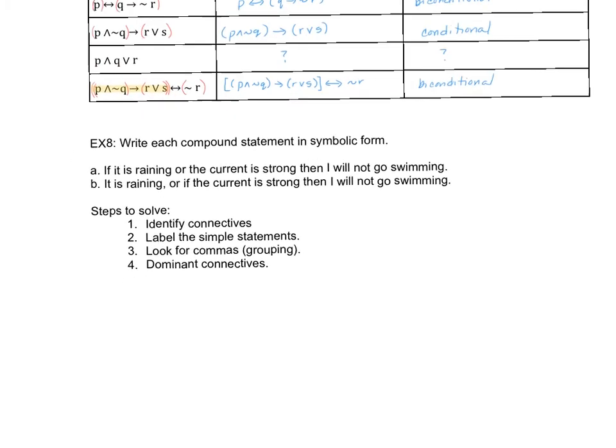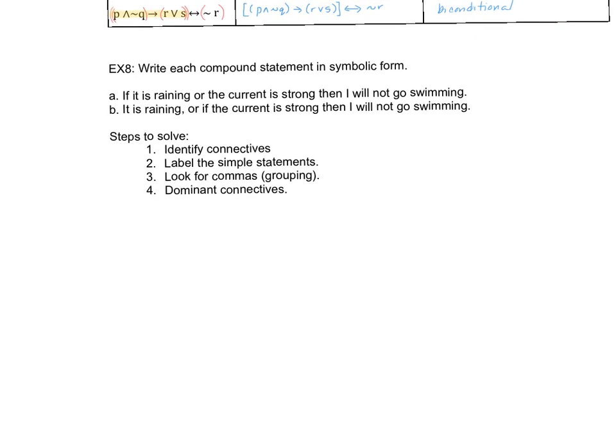So in example 8, we're going to write our compound statements in symbolic form. We're given statements in words, but notice that they're kind of the same statement. At least it has the same simple statements, but there is no comma in the first one, part A. There's a comma in part B. So in part A, I might have to add my own parentheses to indicate grouping.